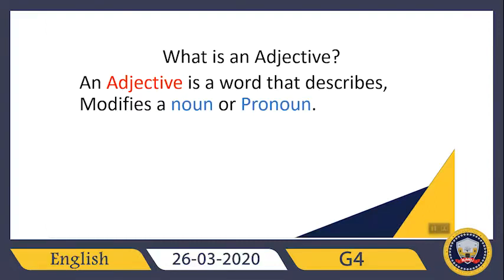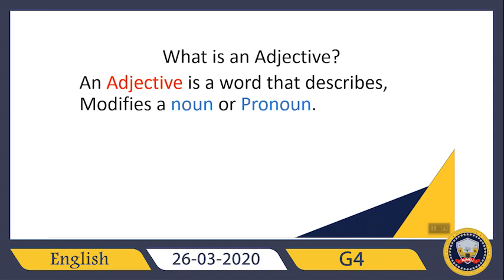When we're talking about description, from the word describes, you're trying to explain how the thing looks or how the thing is. And when you say modifies, you're also trying to describe what the thing is and what it looks like.